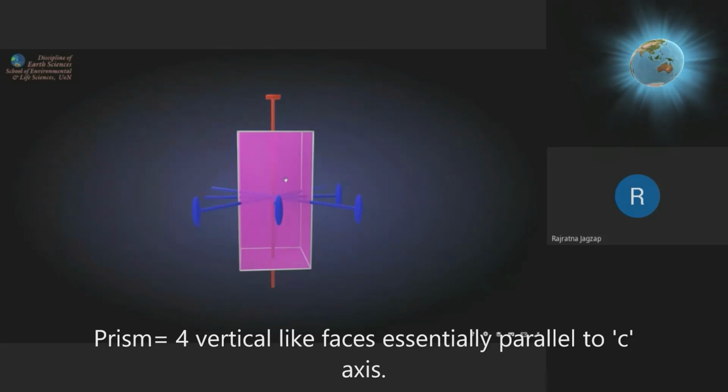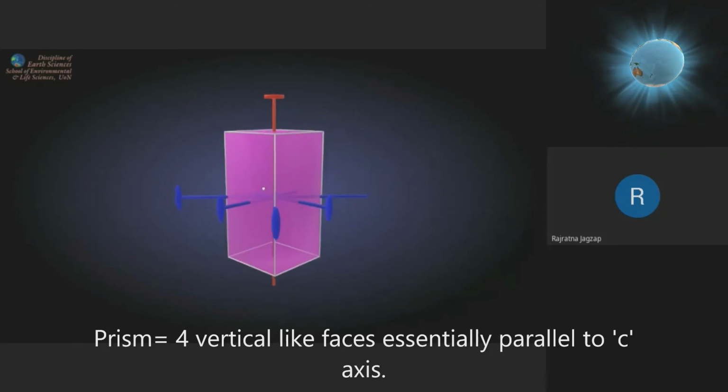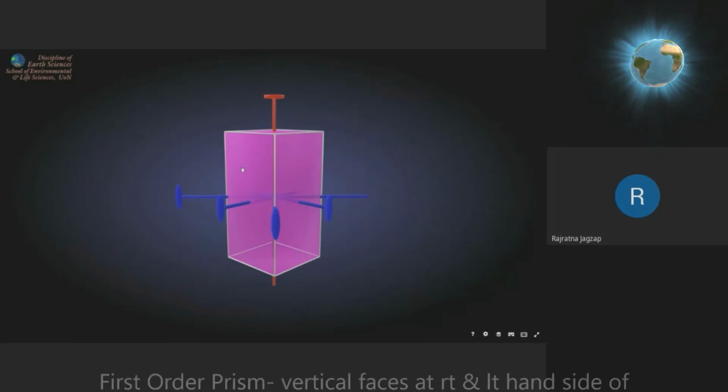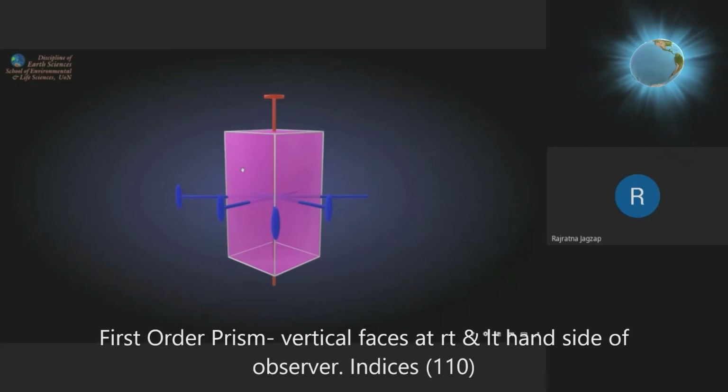Now there are 2 different orientations in the model. Like if you see it from the edge view, edge is in front of the observer, and faces of prism are at right hand side and left hand side. Then it is called as first order prism.